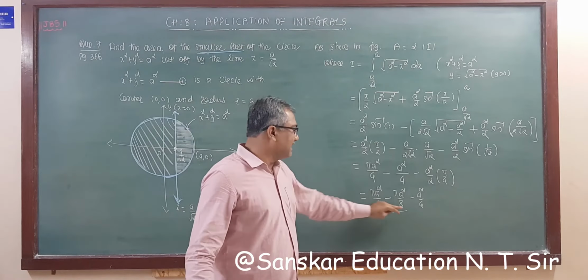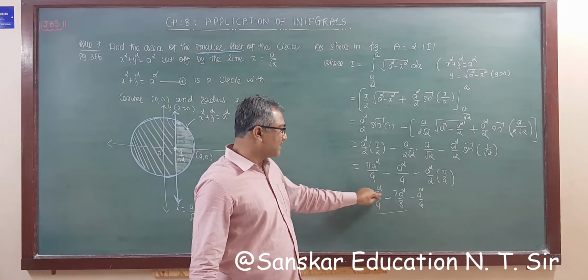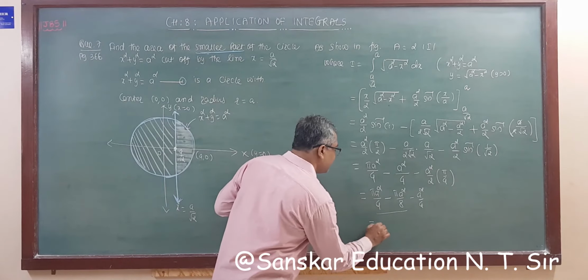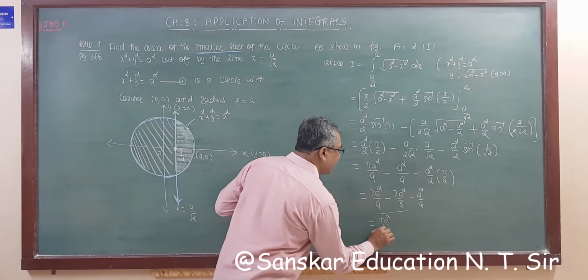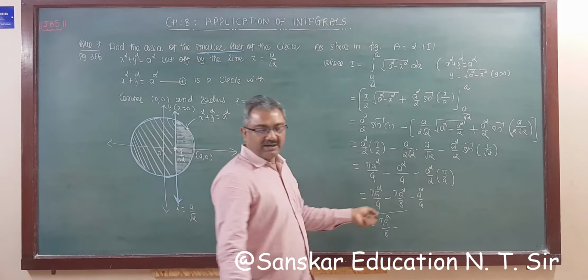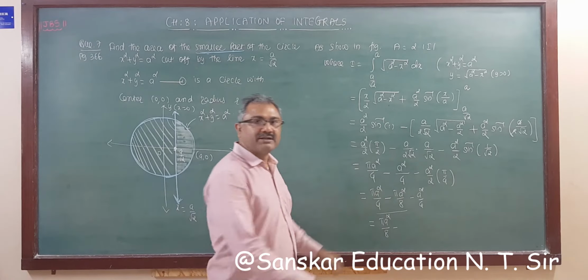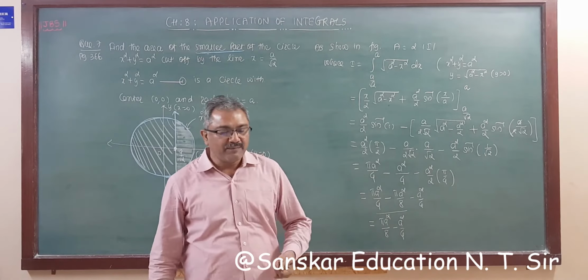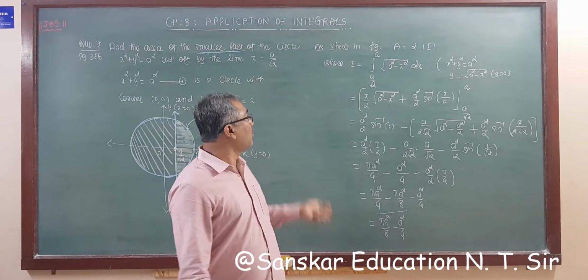Taking 8 LCM, this is 2 pi a square minus pi a square, that is pi a square by 8. So the answer of this is pi a square by 8 minus a square by 4, right? Minus a square by 4. So this is your I, not a.